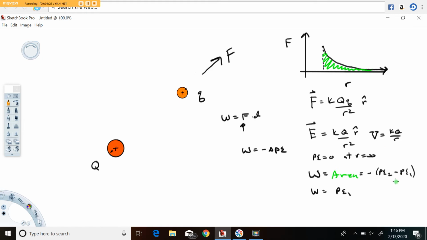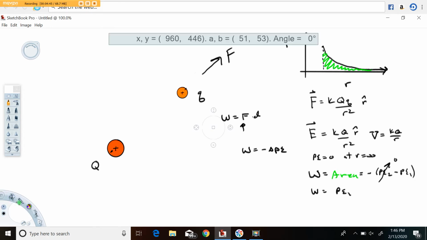So long story short, this term is generally considered to be zero. So the work term, which is represented by this green area, is equal to the potential energy when this charge is at this location. Now, I could actually put that charge anywhere on a circle.